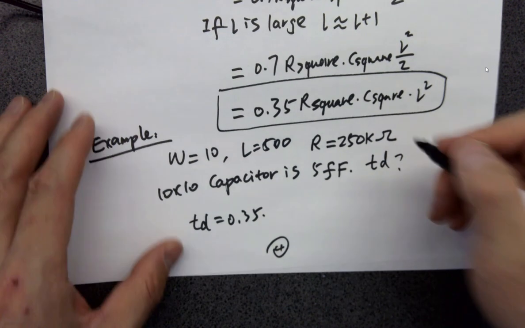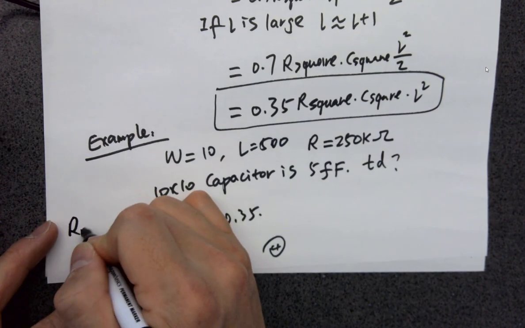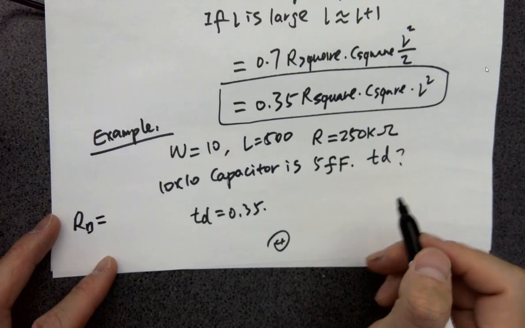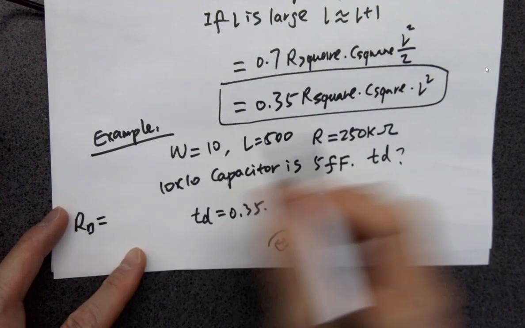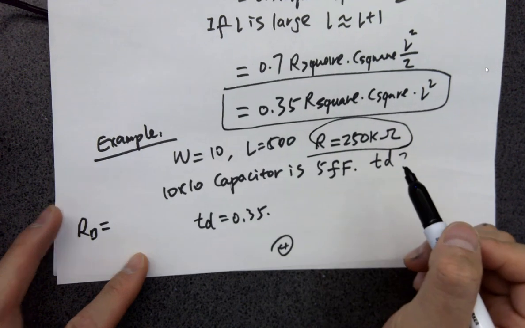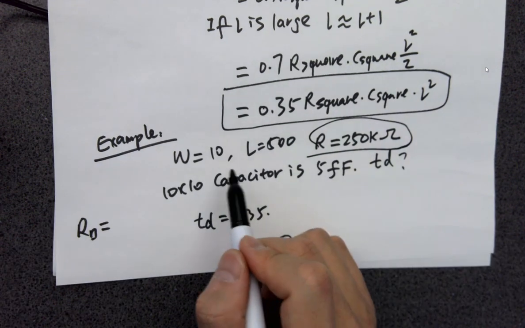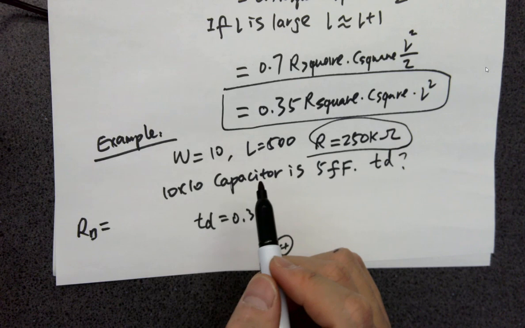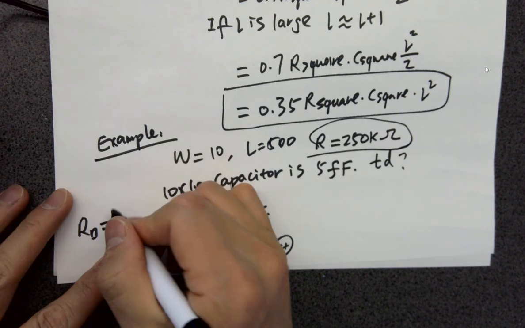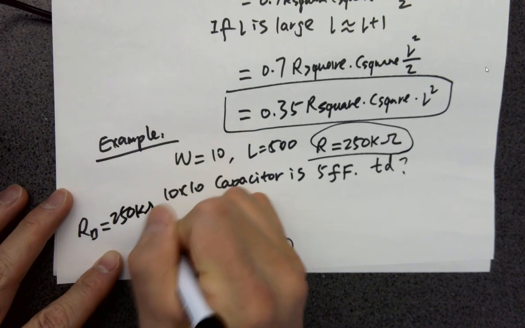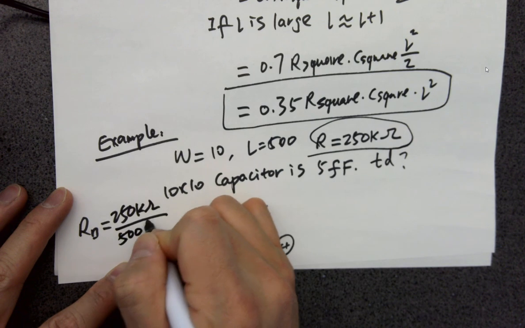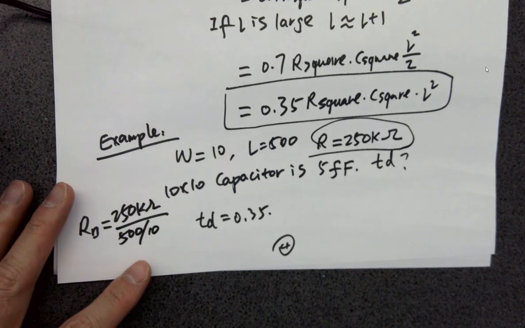Overall resistance will be 250 k ohms, and you have 50 squares, so every square will be 250 k ohms divided by 500 over 10. So that's the number of squares you have.